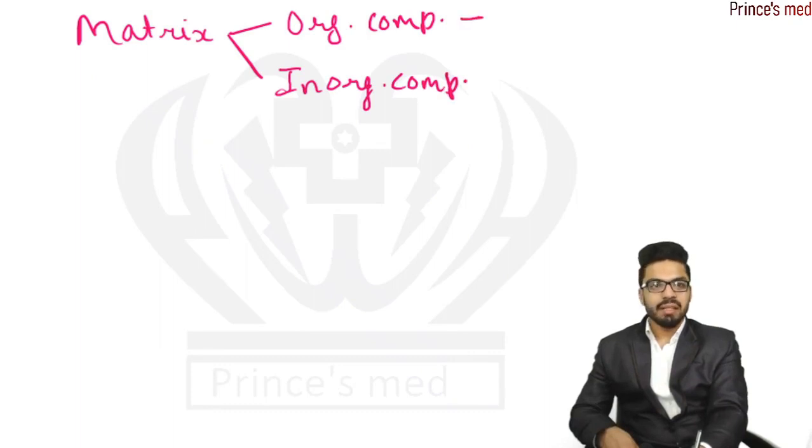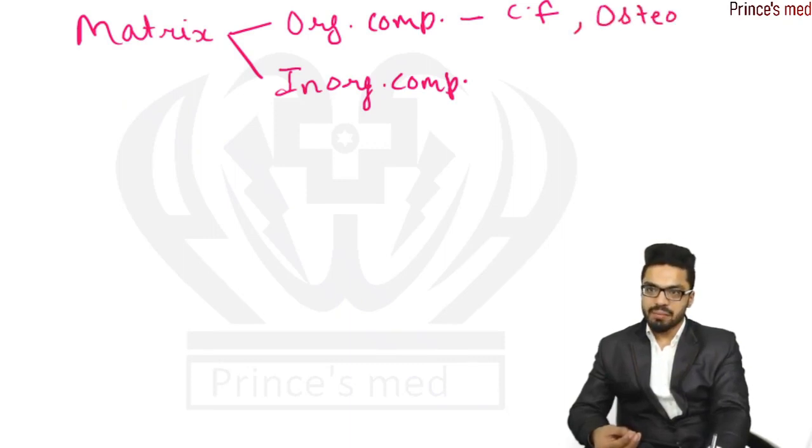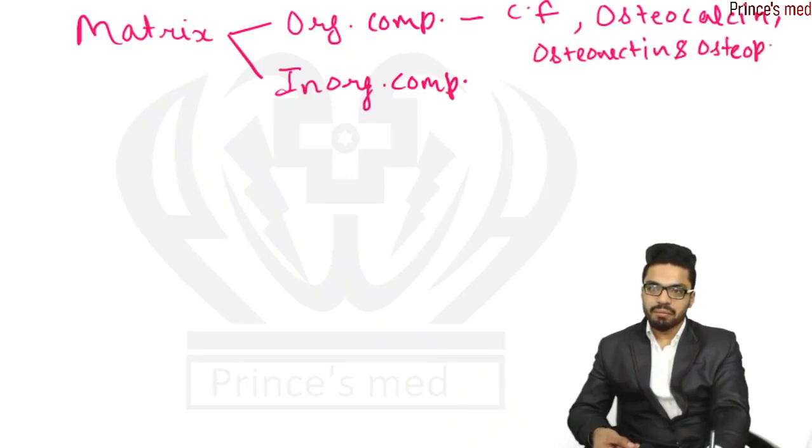Organic components include collagen fibers, or ossein, and unmineralized ground substance that consists of proteins, for example osteocalcin, osteonectin, and osteopontin. And it consists of glycosaminoglycans, lipids, and carbohydrates.